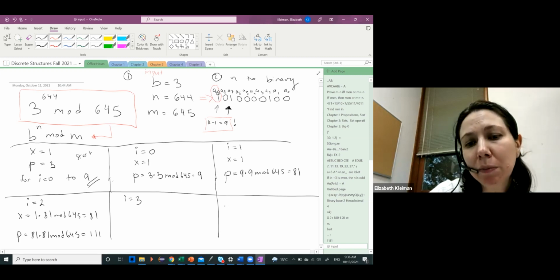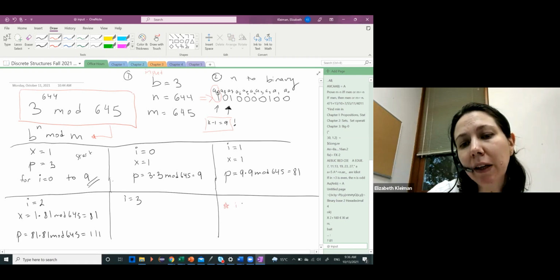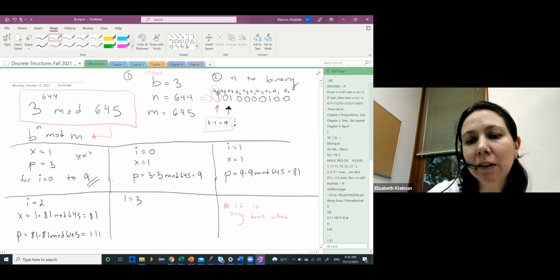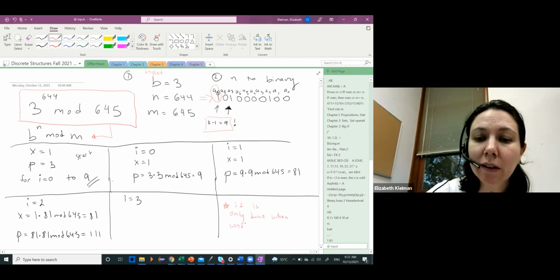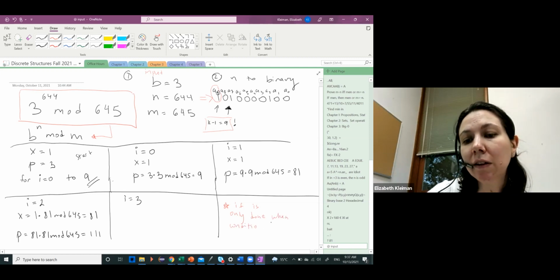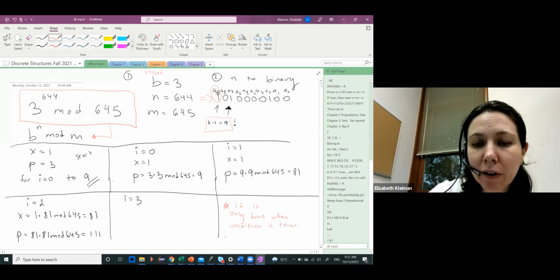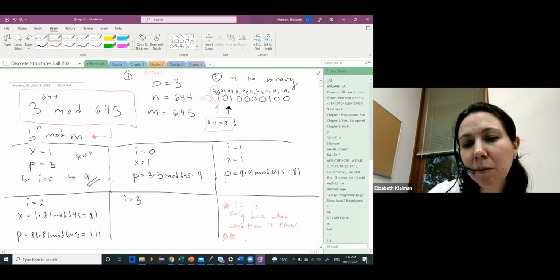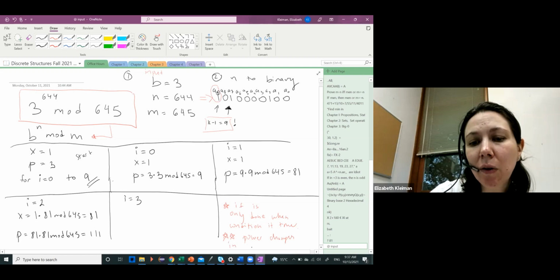An important point: the if is only done when the condition is true. However, the power changes in all iterations.